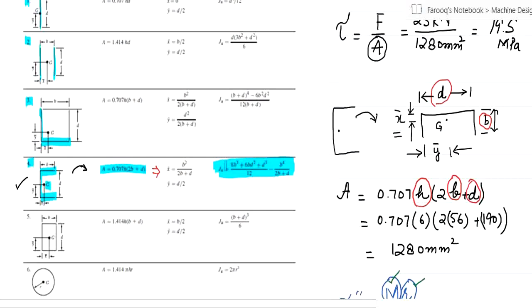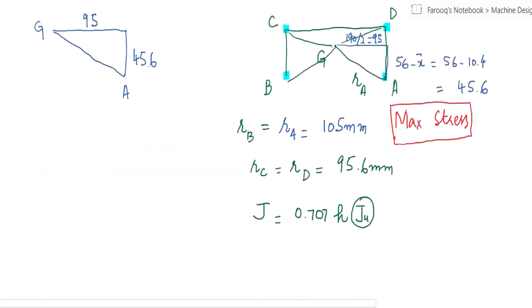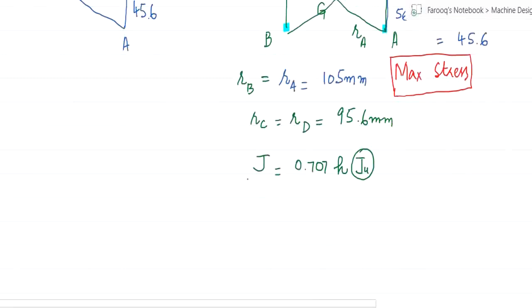And you can see the only variables in this formula are either B or D, so we can easily plug the values of these variables and can find the value of JU.